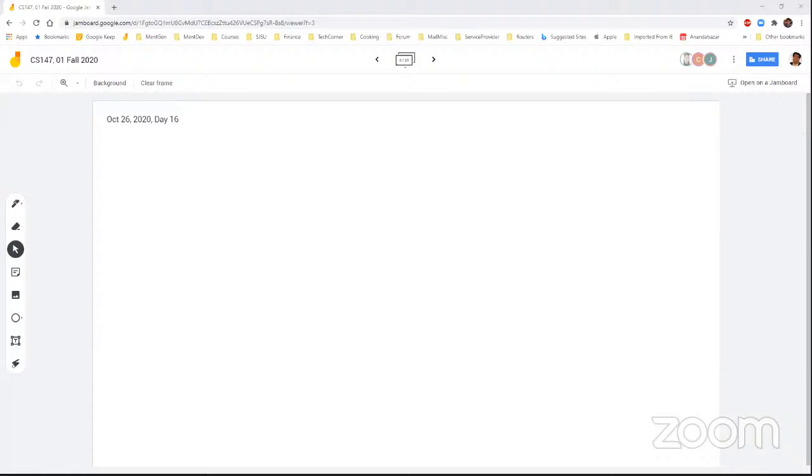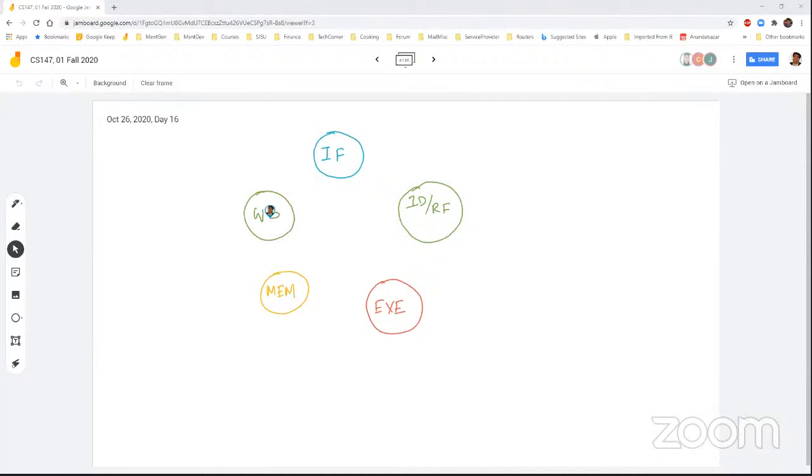One is your instruction fetch, then it goes to instruction decode, register fetch, then it goes to execute, then it goes into memory, then it goes into write back, and it cycles through like this.